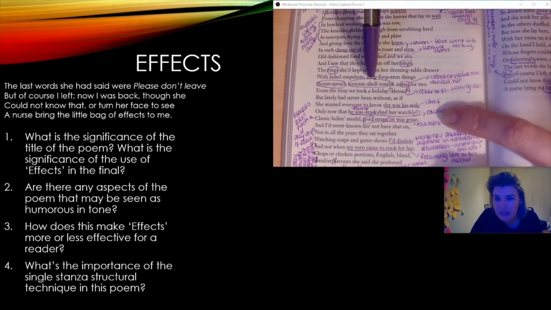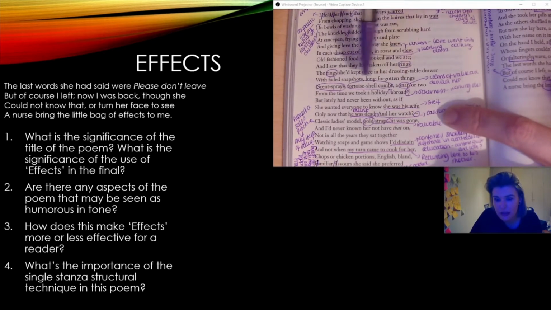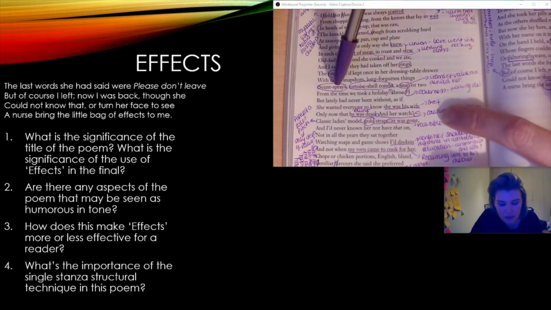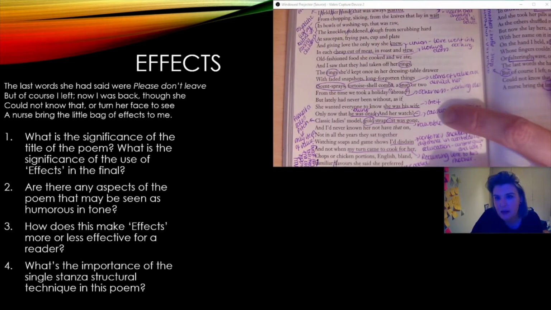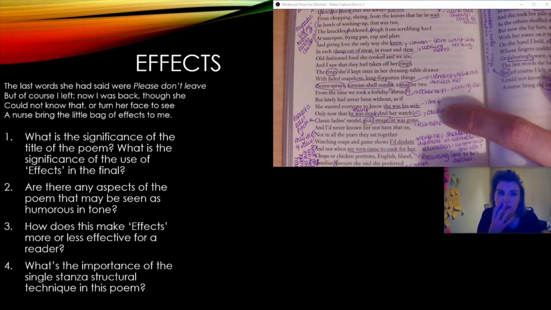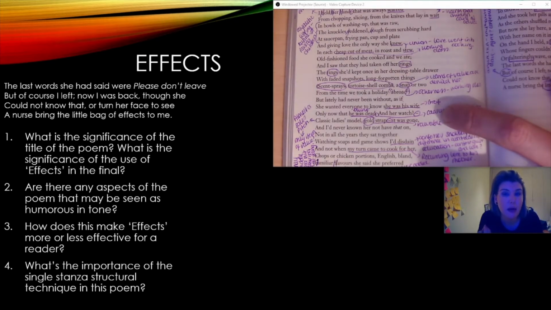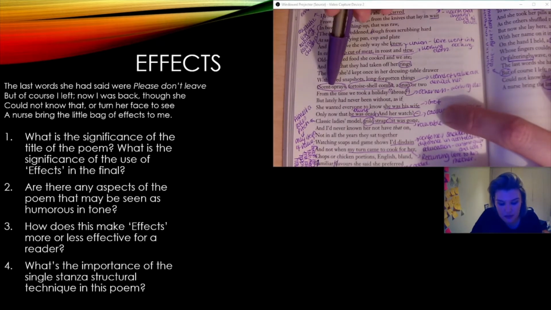"Things she'd kept: snapshots, long forgotten things, scent sprays, tortoise shell combs." And when it talks about the scent sprays, we have this sibilance, but also there is this olfactory link. So olfactory meaning linking to the sense of smell, and actually those olfactory senses can have very powerful links to memory as well. So scent sprays are significant there as well.